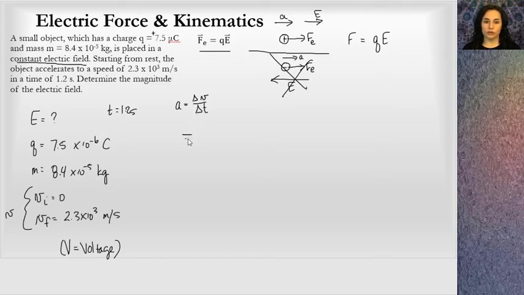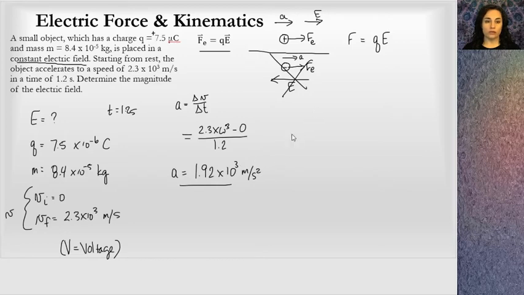So I'm going to go v final minus v initial. So I have 2.3 times 10 to the third minus 0 over the time, which is 1.2 seconds. So I can find the acceleration here real quick. It's 1.92 times 10 to the third meters per second squared. So that's an intermediate step to find the acceleration.